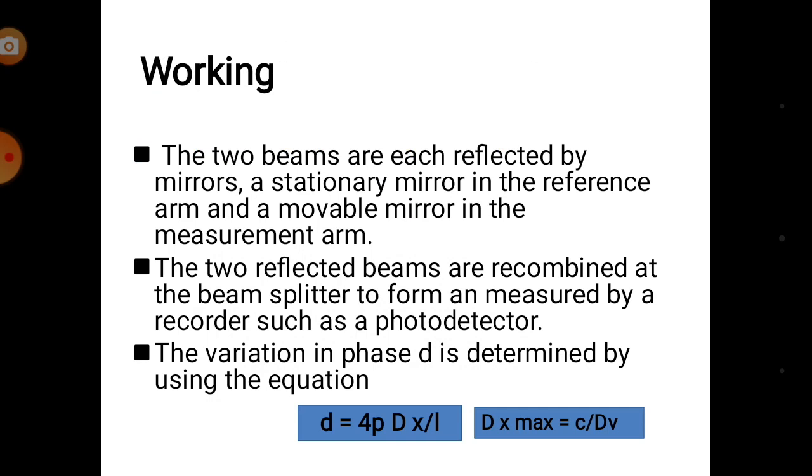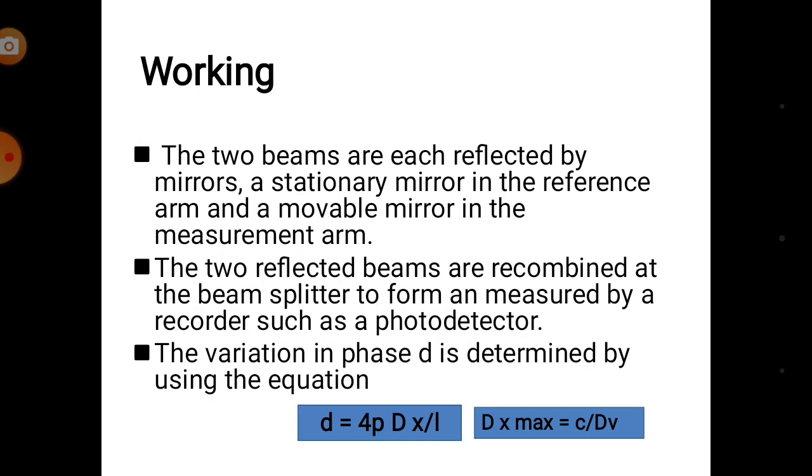The distance variation equation is d equal to 4π dx divided by λ, where d is the distance, 4π is the phase variation, and dx is the distance of the mobile mirror, and dx max equal to c divided by dv. Dx max is the distance of the mobile mirror, c is the velocity of light, and dv is the light wavelength of the laser.